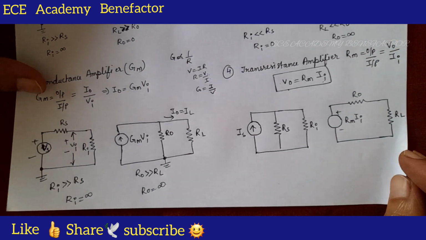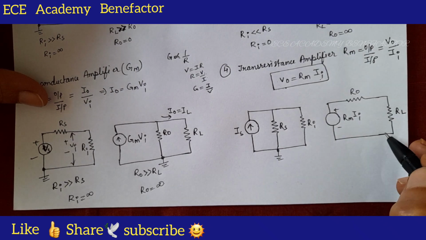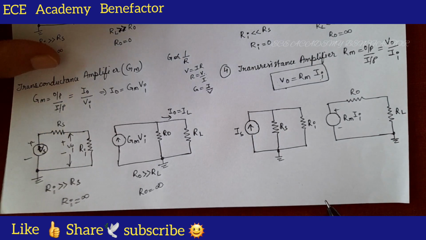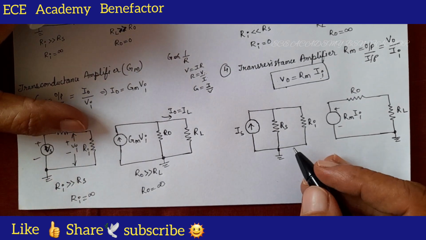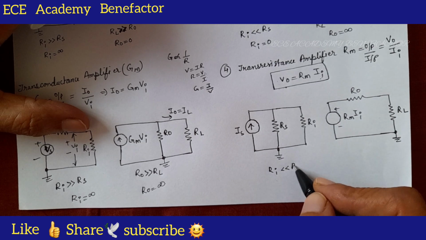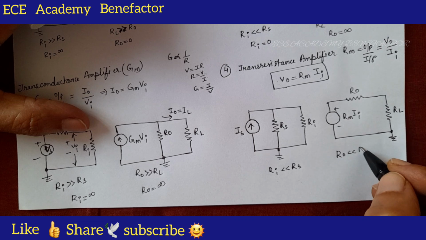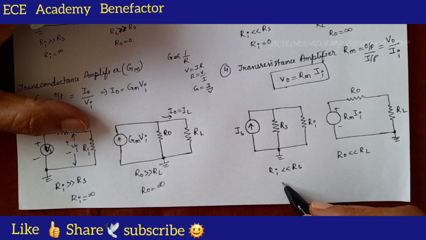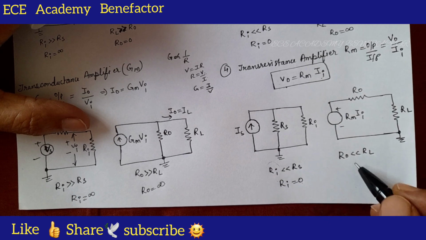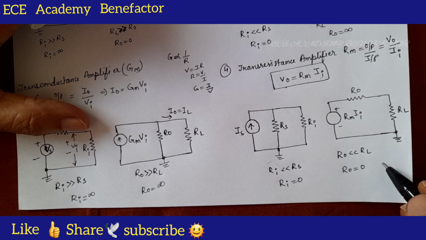Now make it ground. Input side is to be grounded and the output circuit is also to be grounded. And what is the Ri value? Ri is very small compared to Rs and R0 is also very small compared to RL. So, as it is very small, Ri will be 0, and R0 is 0 ideally.